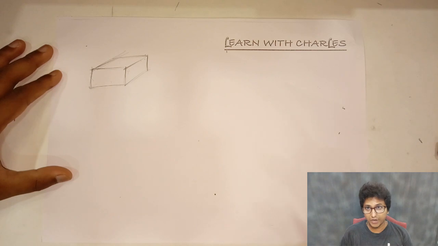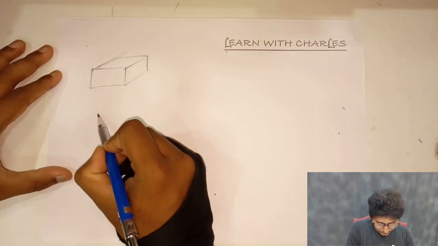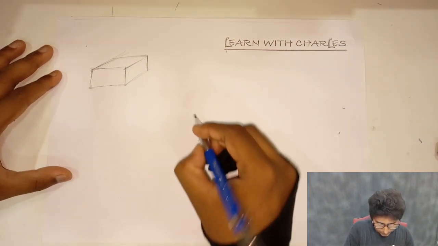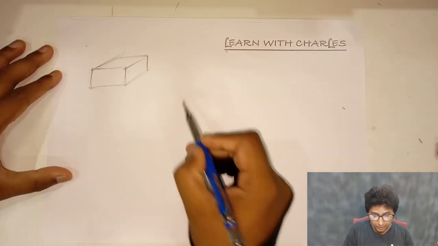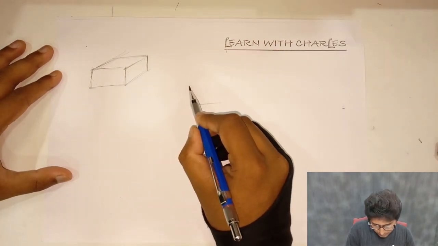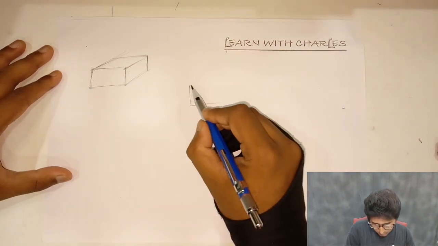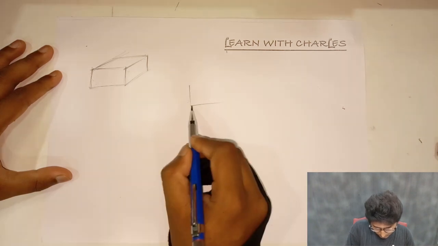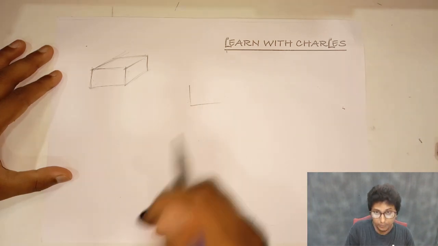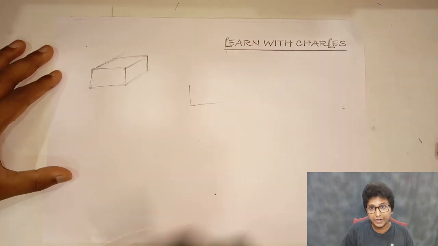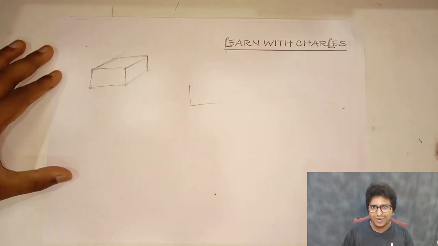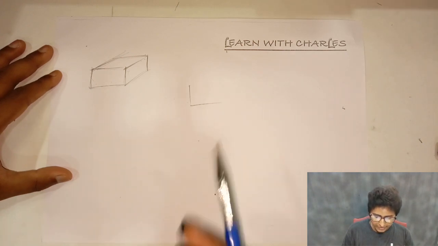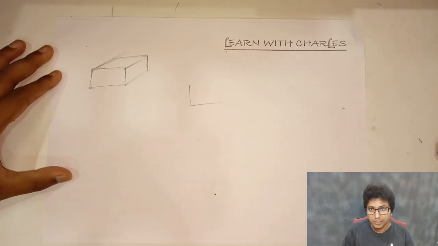Let's practice some more rectangles. All you need to do is give a different angle to the line. Now let's get it from below eye level. I know right now you won't get what I'm saying, but when we learn about perspective, you'll get an idea how to make this box in different angles.